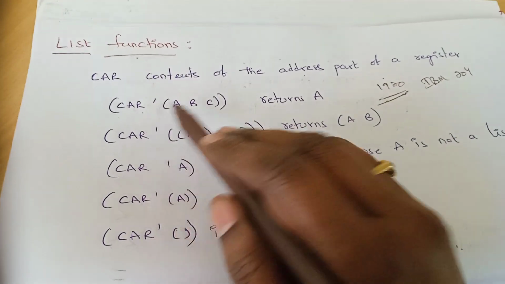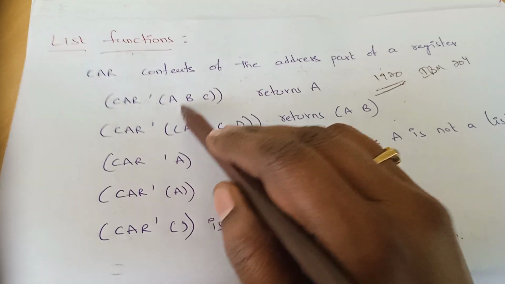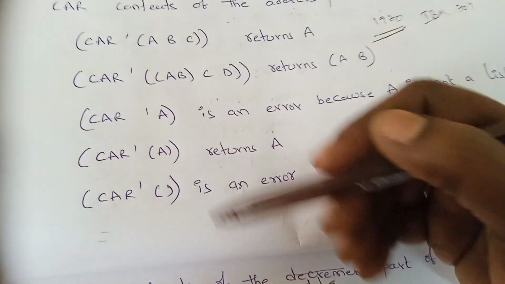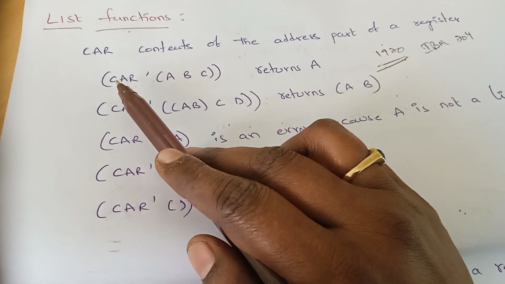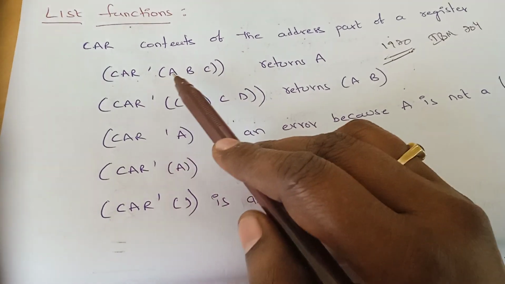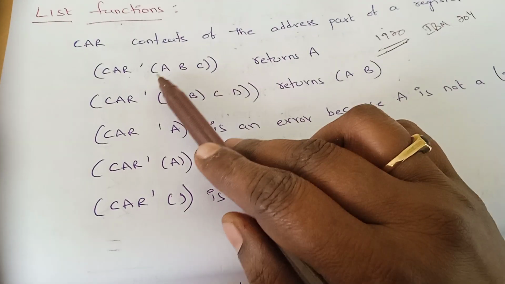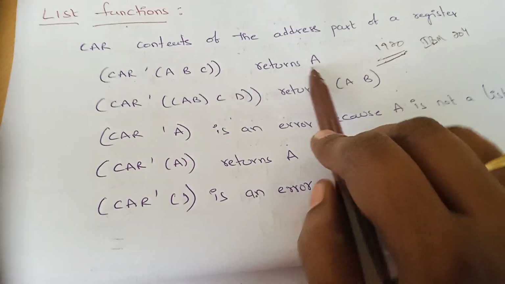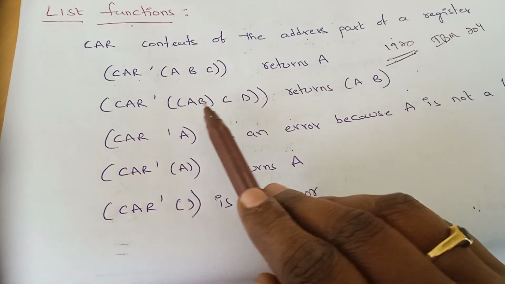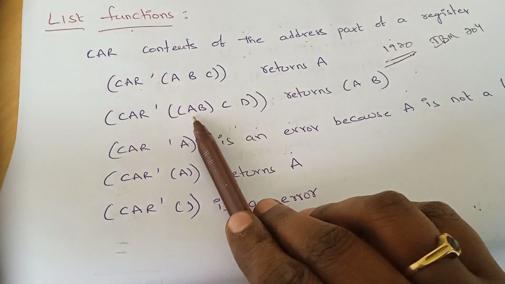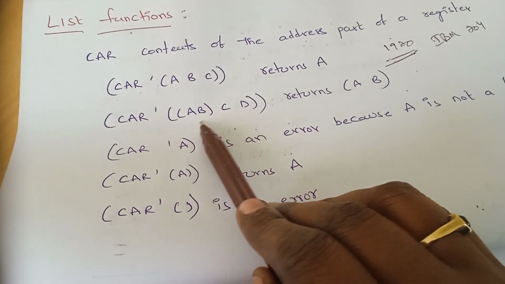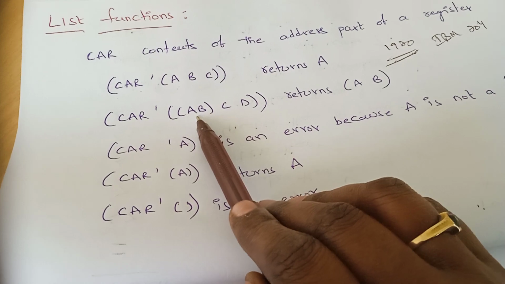So CAR, I told you, function name will give you the address. Data means parameters. In the case of CAR of A B C, what does it return? It returns the address part. Address part means function name, which is A. CAR of (A B) C D: now A B is a list. You cannot divide this list into atoms.